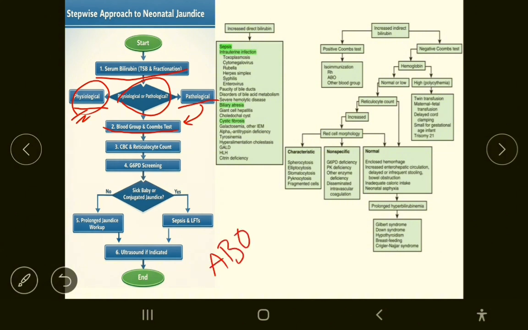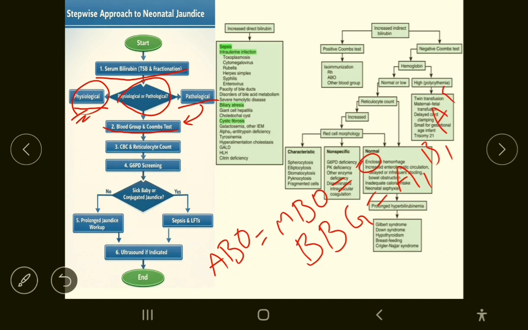ABO incompatibility occurs when the mother's blood group is O and the baby's blood group is A, B, or AB.